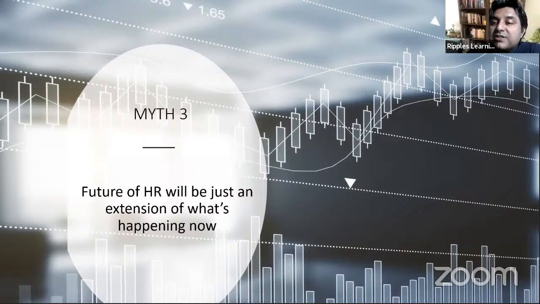So if you want to see yourself as a CHRO in the next 10 years, which may look challenging for a few, it's possible because there are people who with 10 to 15 years of experience are CHROs today, right? And what they did at this point of time is important, isn't it? So what you do right now is very important, and should be in line with you achieving your larger goals, right? So I would be talking about that as well, but I don't want to digress from the topic.